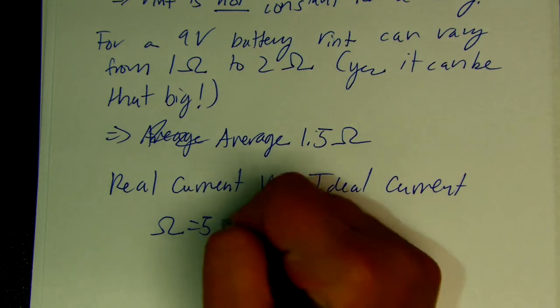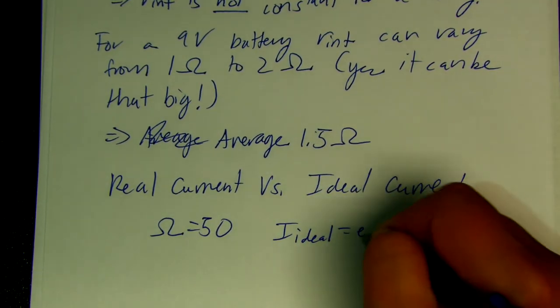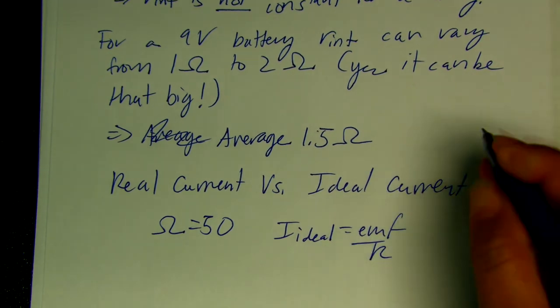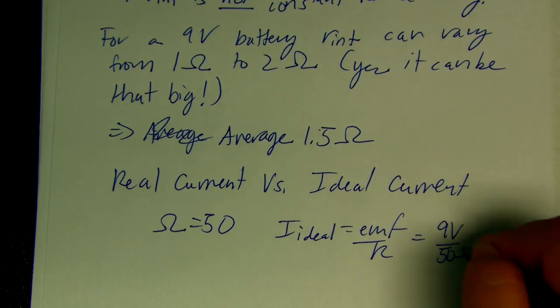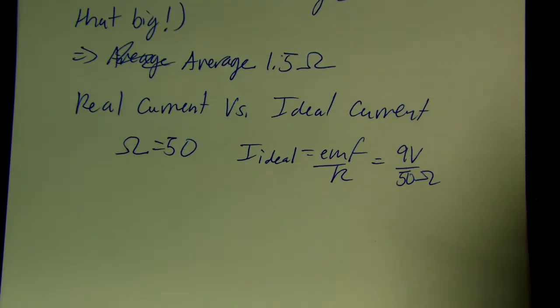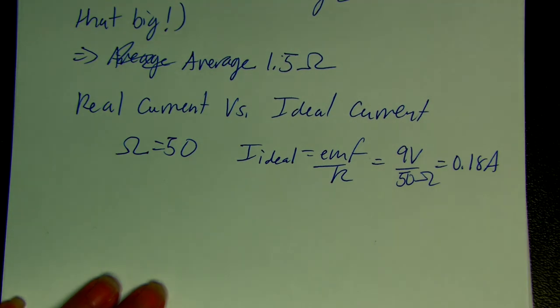If you have a resistance of 50 ohms, I ideal is equal to EMF over R, which is 9 volts over 50 ohms, equal to 0.18 amps.